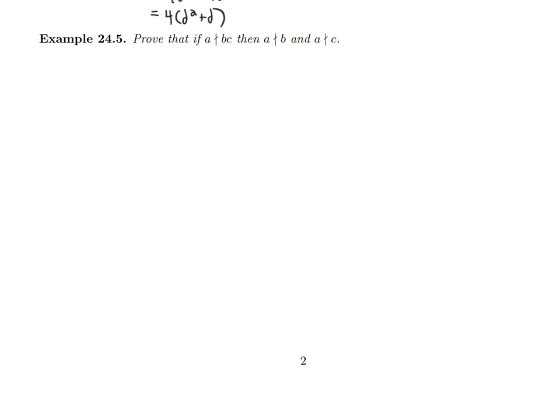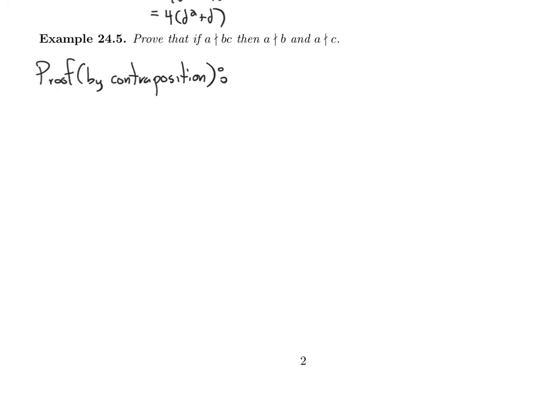So the and becomes an or. So we get if A divides B or A divides C, then A divides BC. So let's do that. Let's prove this, and let's do it by contraposition.